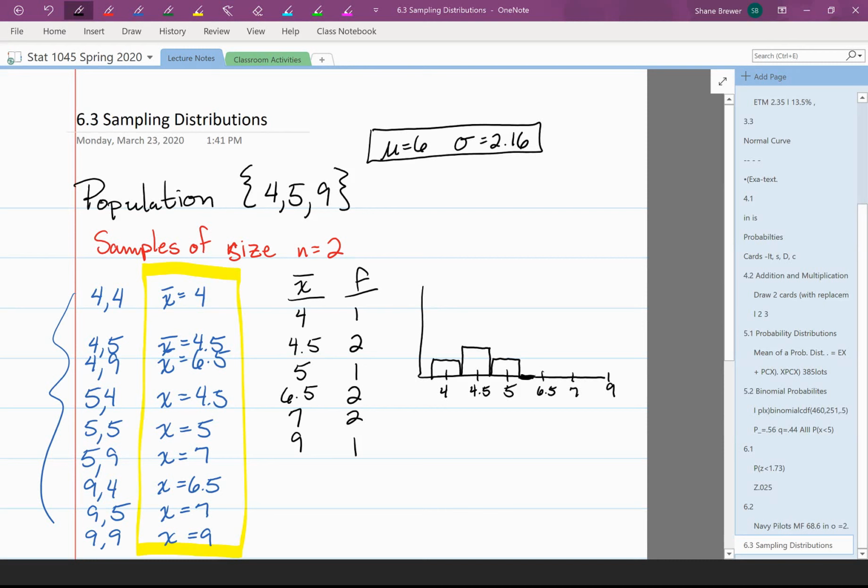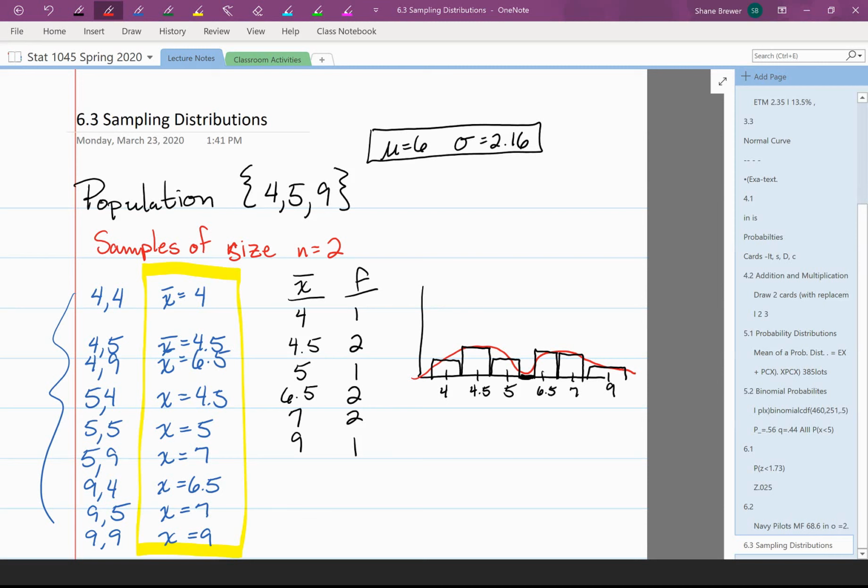But then this 6.5 goes up 2, and 7 goes up 2, and 9 goes up 1. So there's our distribution. We can look at the shape of it. That's the distribution of all of the samples of size 2 from this particular population.